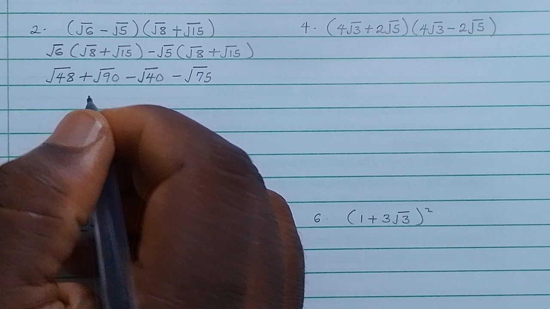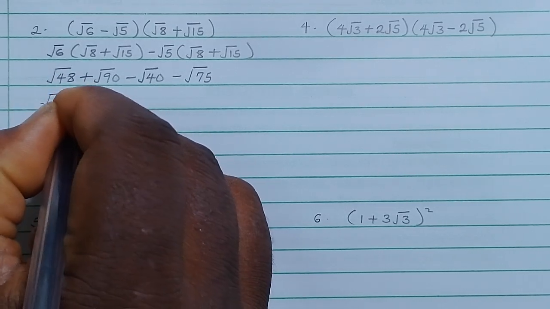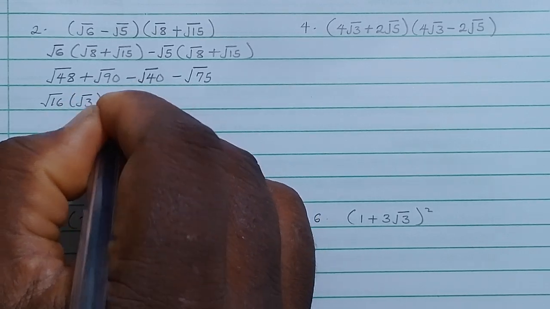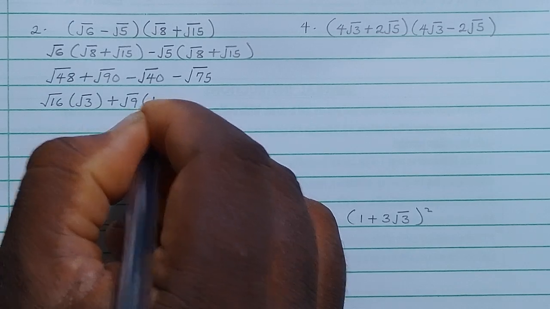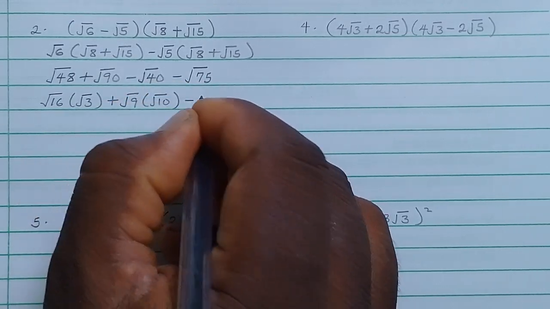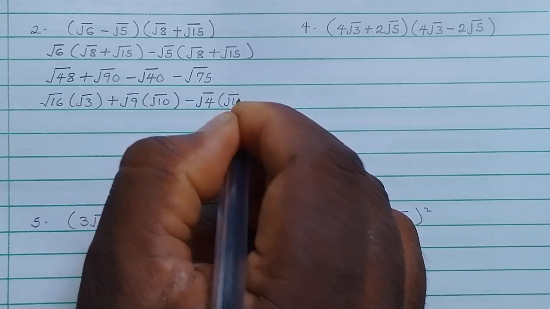We now simplify. This is root 16 multiplied by root 3. This is root 9 multiplied by root 10. And this is root 4 multiplied by root 10.